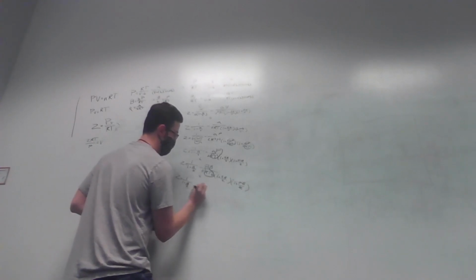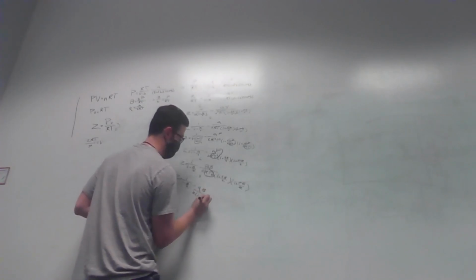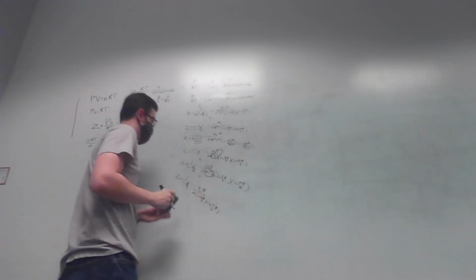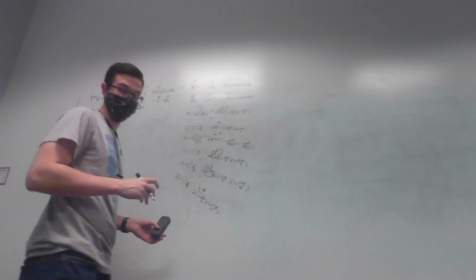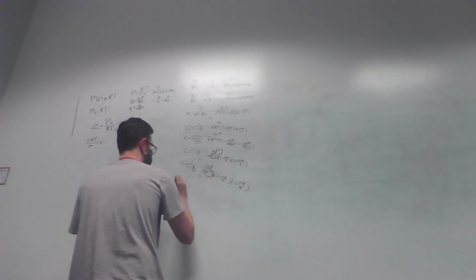There. So, one more. Z equals 1 over 1 minus beta over Z minus Q beta over Z, 1 plus epsilon beta over Z, 1 plus omega beta over Z. Now, this is at a terrible angle, so let me rewrite this in a better way.